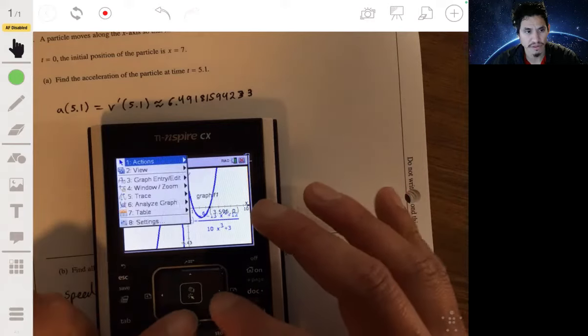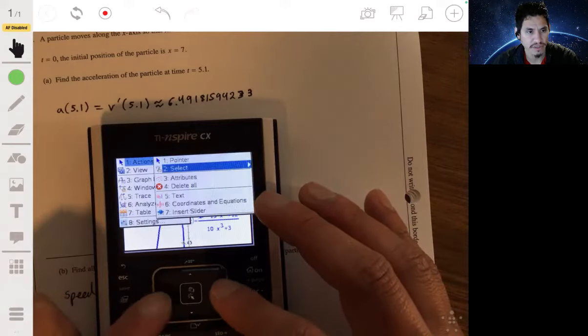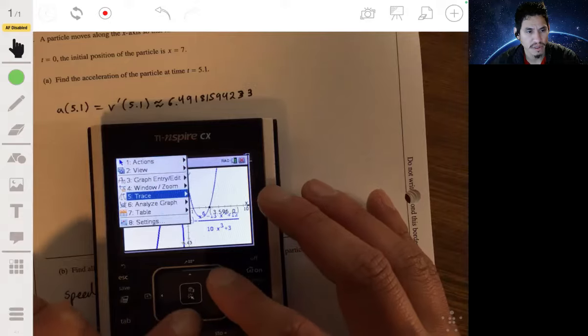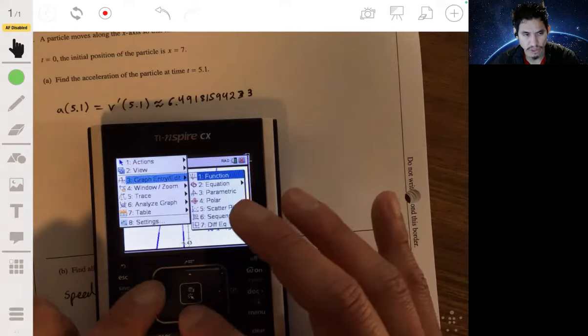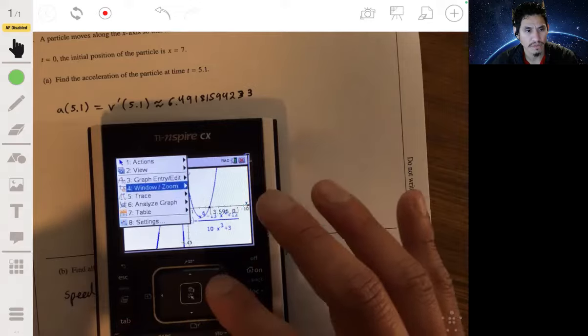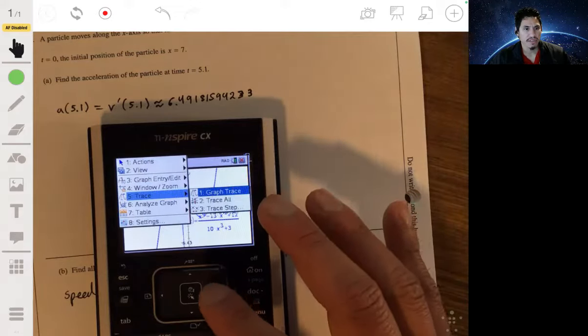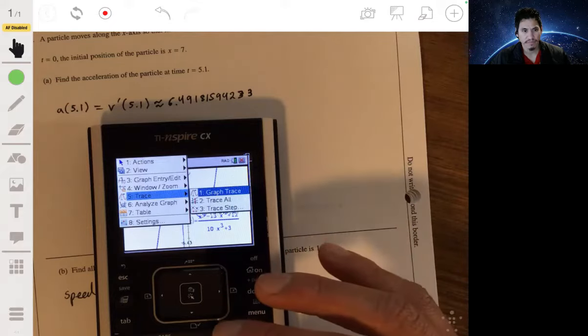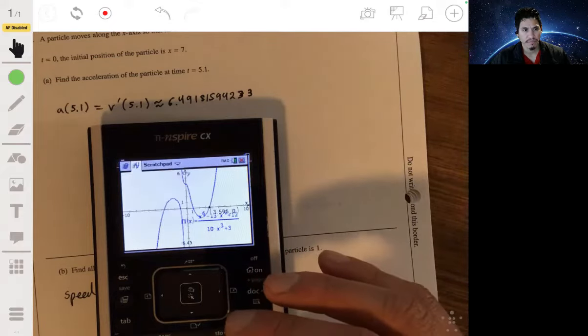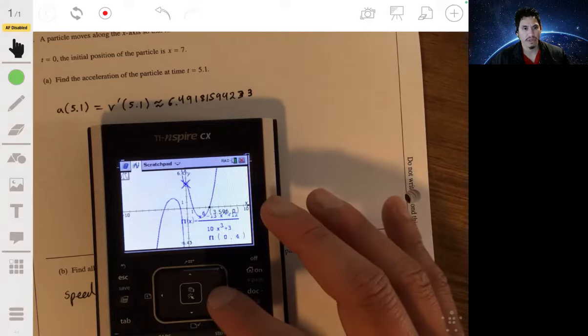So what we want to do is go to menu and go to our trace function. Graph trace. And you can just scroll along your graph like that.